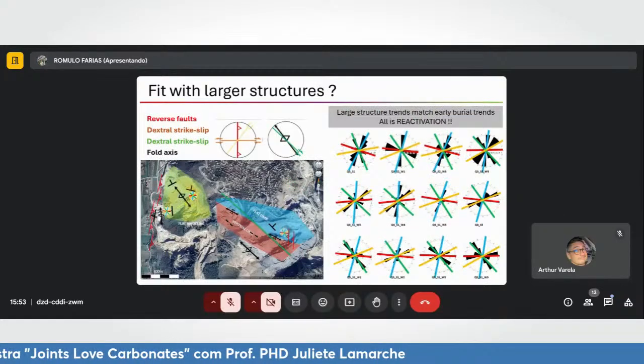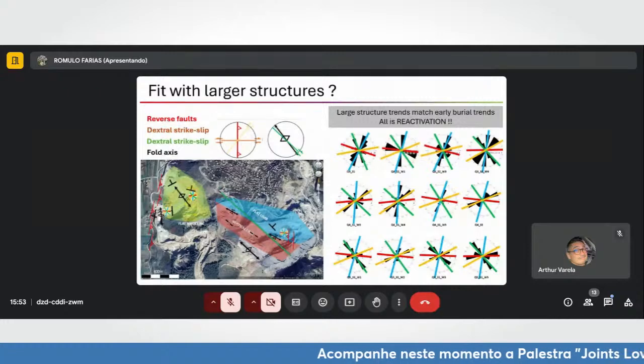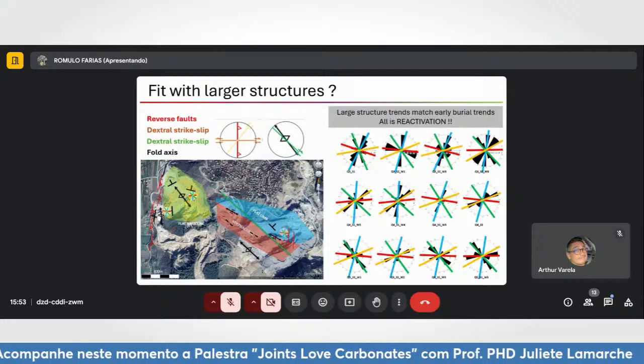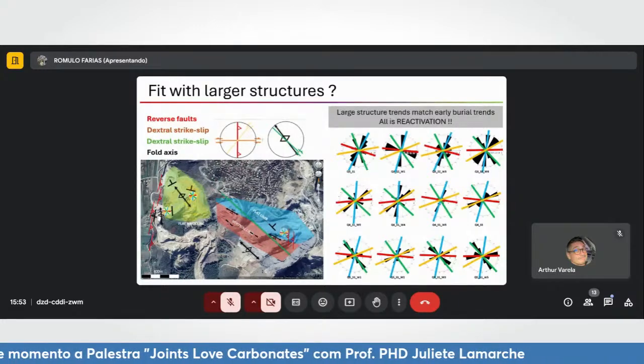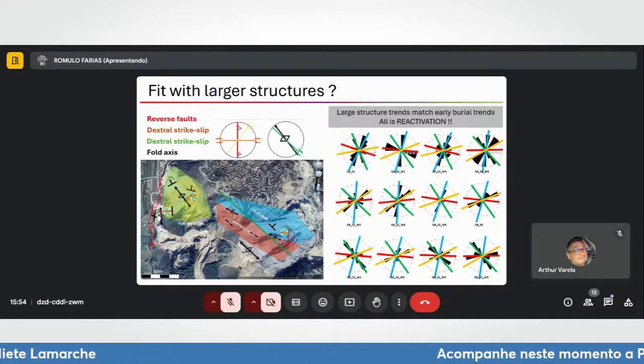And now all these structures, so there are north-south reverse faults, there are strike-slip east-west, strike-slip like this, there's the fold axis, and also strike-slip like this. Well, it makes different trends, and the point is that the fractures in the quarry trend exactly the same. So the trends of the fractures gave the trends of the larger structures.